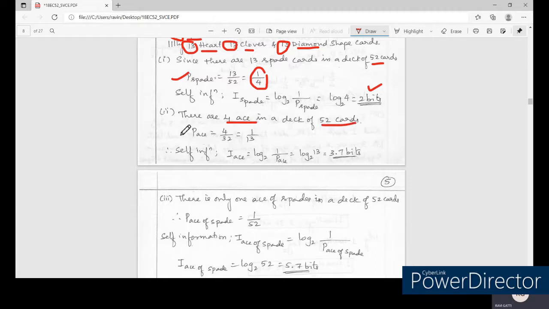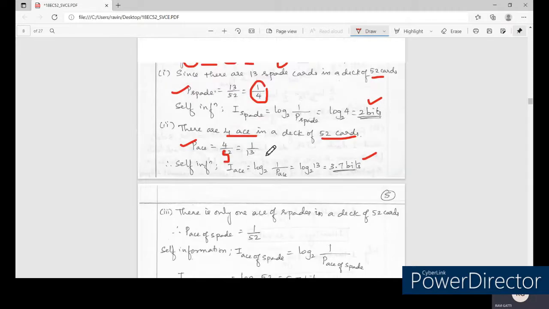Therefore, the probability of getting an ace card is 4 by 52, sorry, it is 52. If you do that, you will get 1 by 13. Therefore, the self information is log of 1 by the probability of getting an ace card, which gives 3.7 bits.